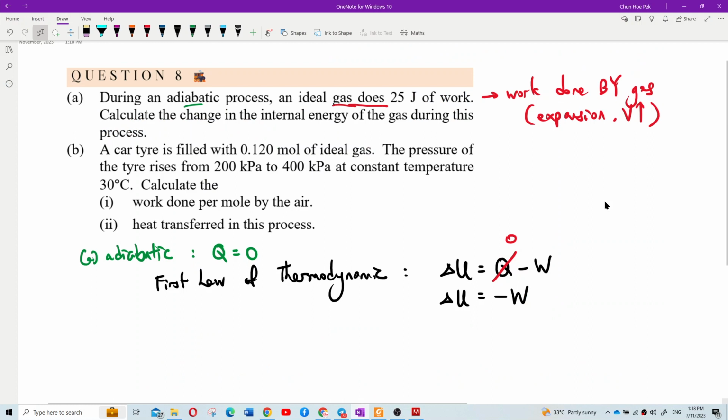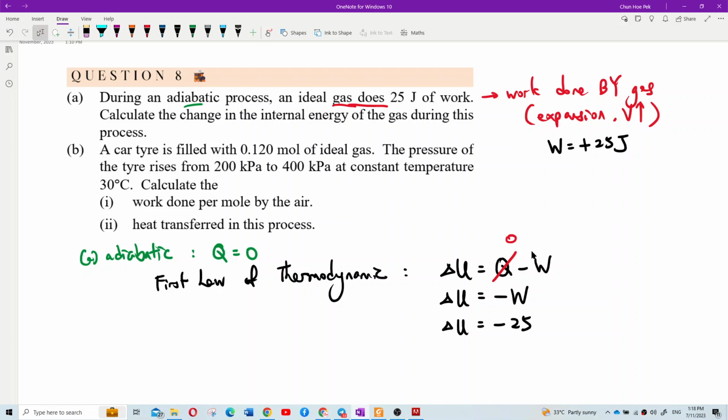Work done is positive 25 joule. That means gas does the work, so positive work done. Okay, put it inside. So delta U equal to negative 25 joule. Substitute into here.